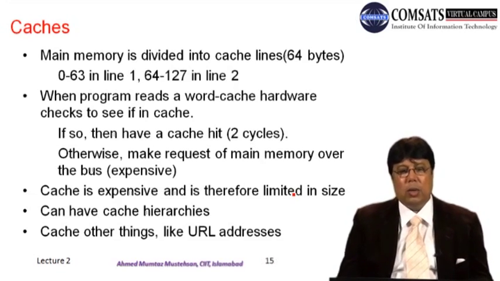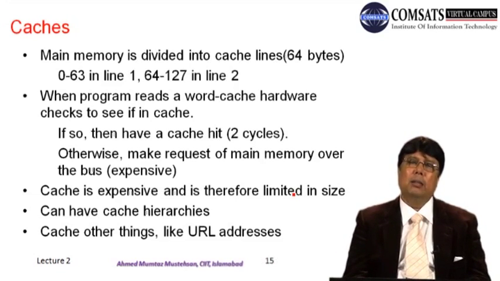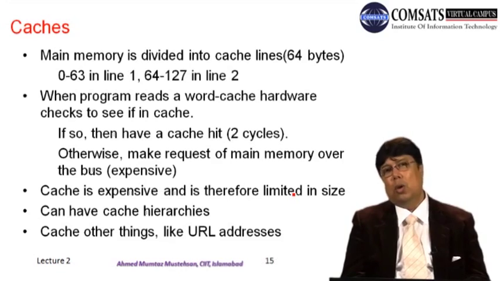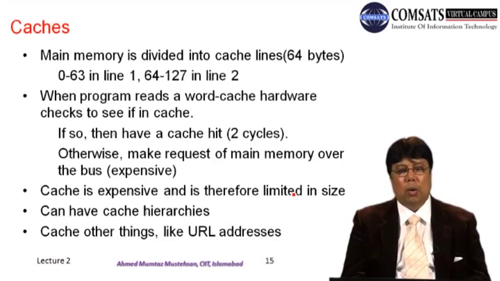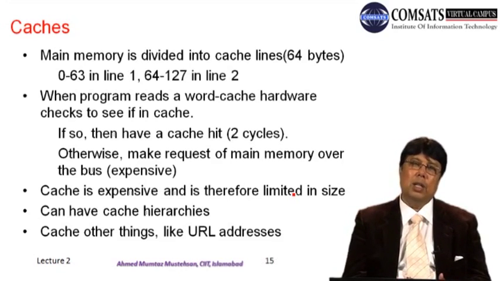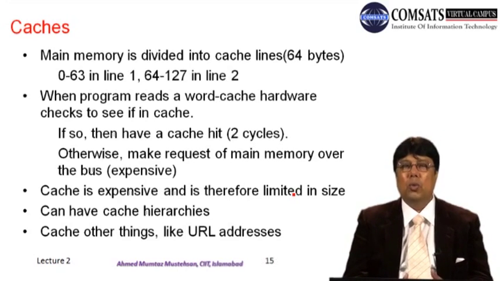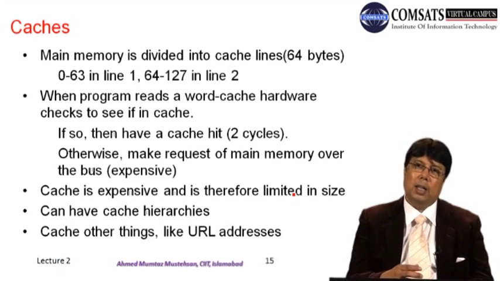In books you might find it as line 0 and line 1, but basically it's a relative term. If we call 0 the first and 1 the second, it could be 1 and 2, or it could be 0 and 1. So basically these are the address lines which identify which block you are going to access, that is, which block of the cache you have to access.